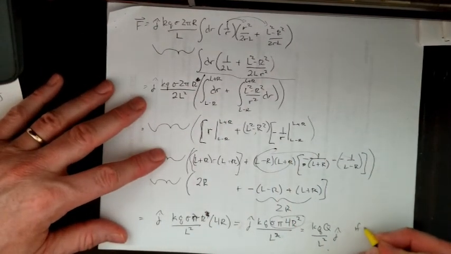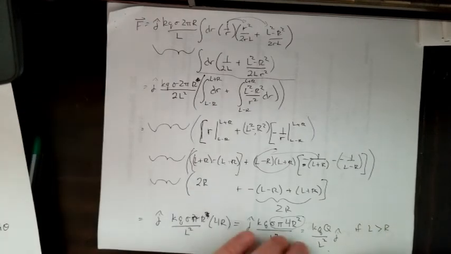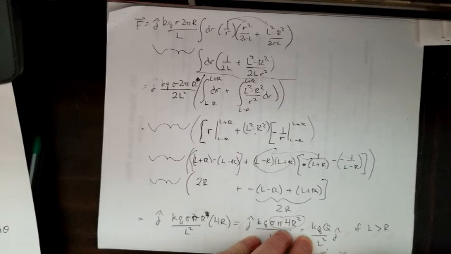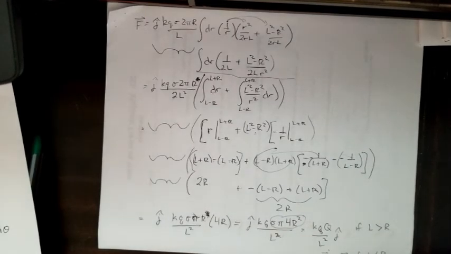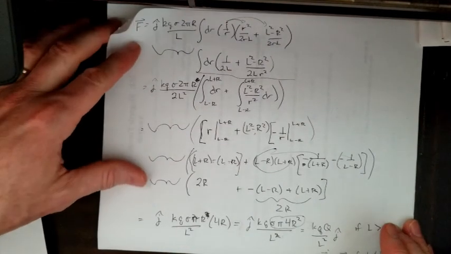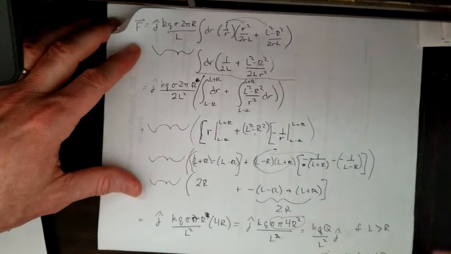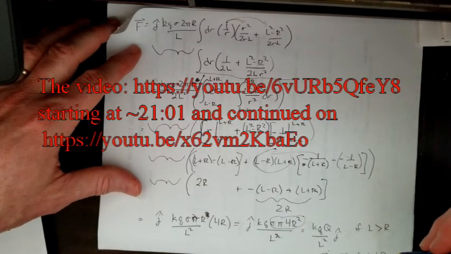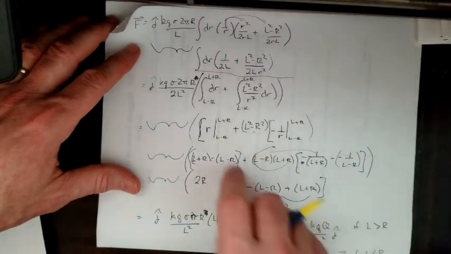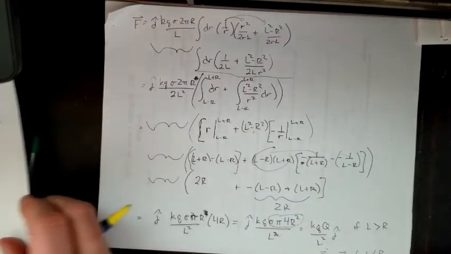So this is if L is bigger than big R, and then the force would be equal to 0 if L is less than big R. Now, I have not done the derivation here. There is a link to when I did it with the gravitational formula where I did the option where it was equal to 0. Feel free to peruse that, or you can come back up here.